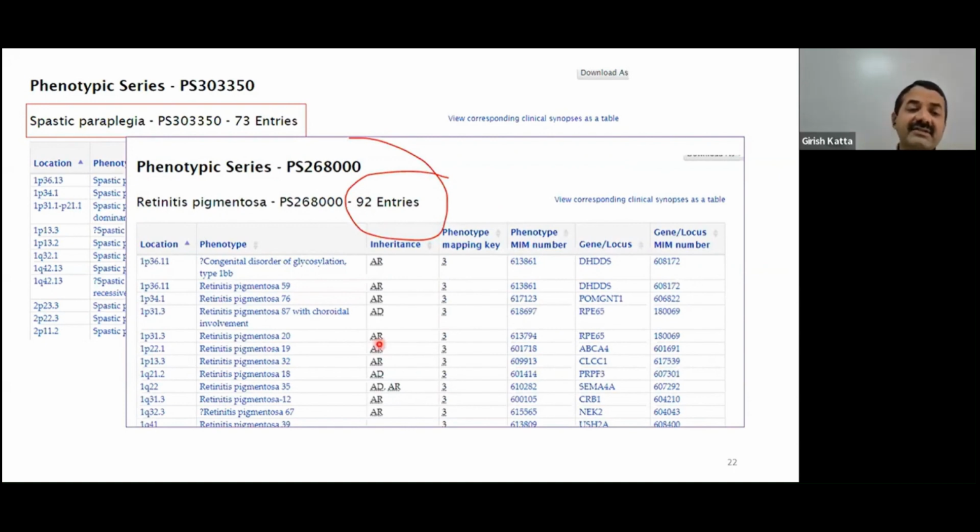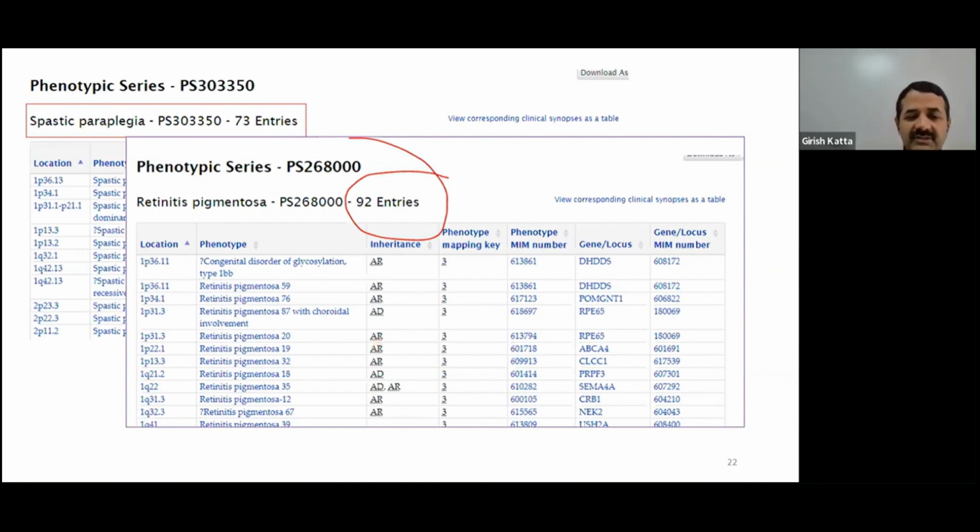It may be common conditions like deafness, retinitis pigmentosa, where genetic heterogeneity is too much. That means more than one gene is responsible for the disease. So that is where we can get help of exome sequencing.